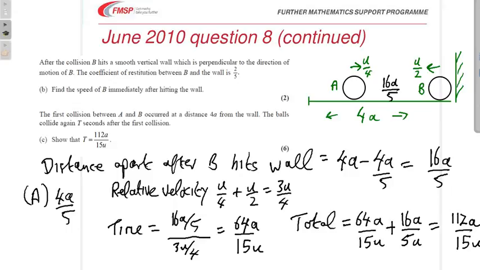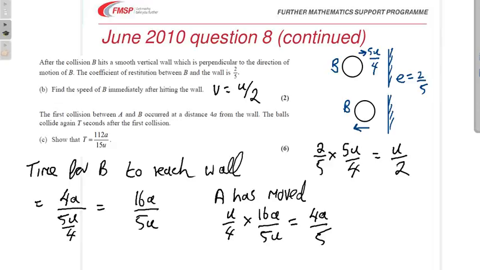So rather a scrappy little last part of the question, but it did carry 6 marks. Let's just go back and put the mark allocation for parts B and C. For part B, to get the speed u over 2 to find the speed of B afterwards, I think it was just 2 marks, wasn't it? So it was 2 B marks, B2.